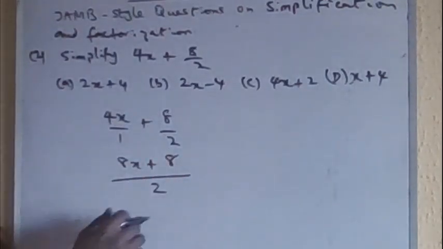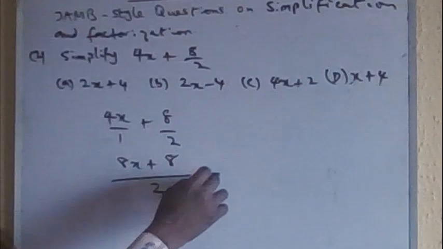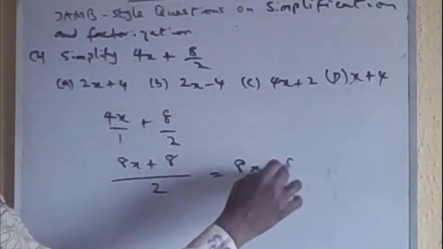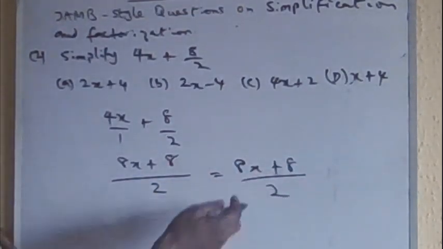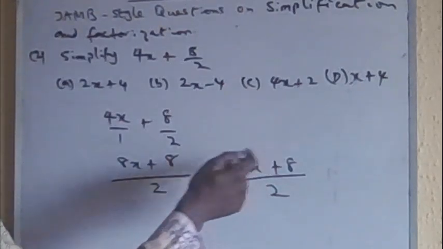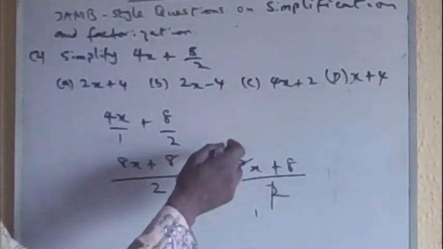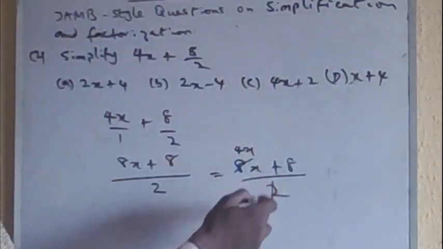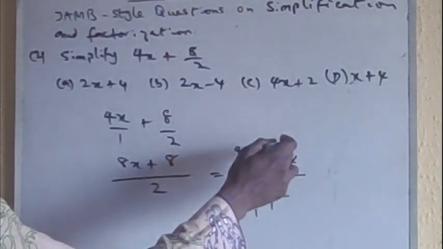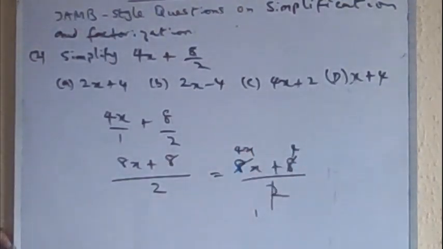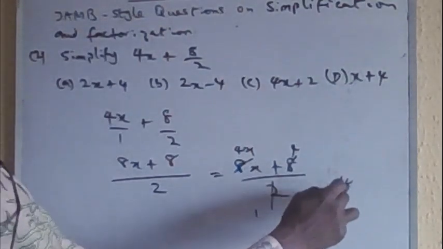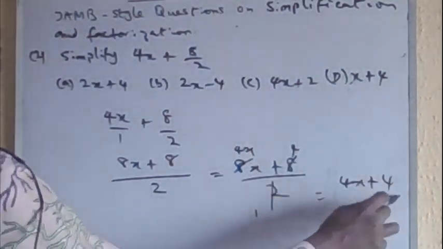So at this point, I can just rewrite this as 8x plus 8 over 2, and divide each term upstairs by 2. So 2 into 8x is 4x, and at the same time, 2 into 8 is 4. So I can have it as 4x plus 4 as the answer.